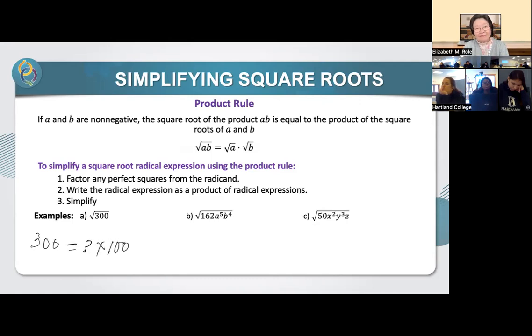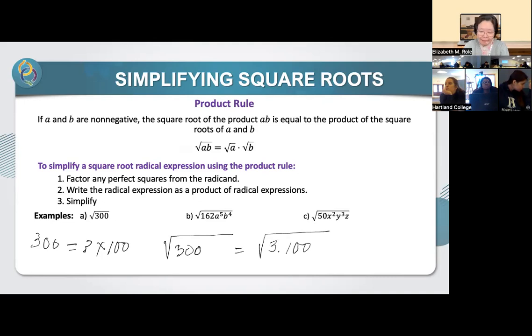I used 100 because 100 is a perfect square. So the square root of 300 is equal to the square root of 3 times 100.